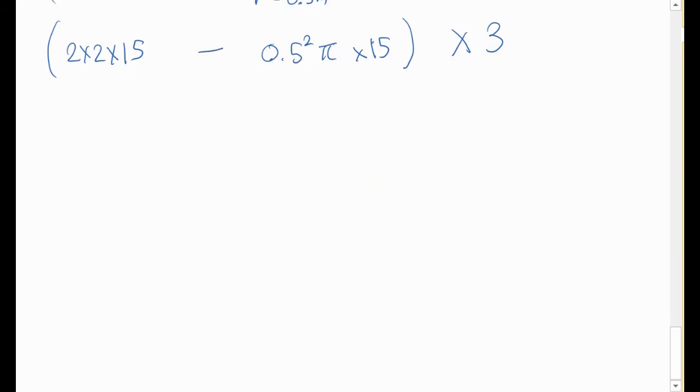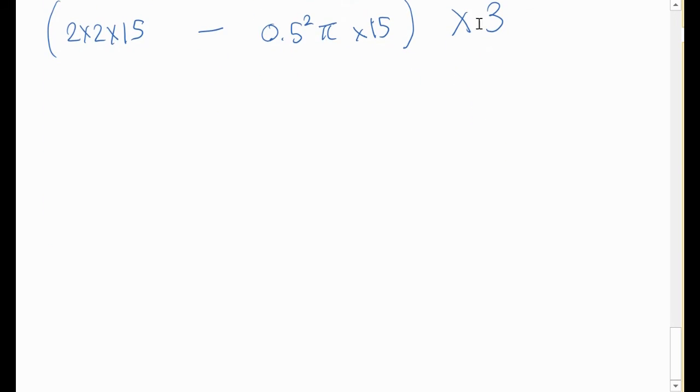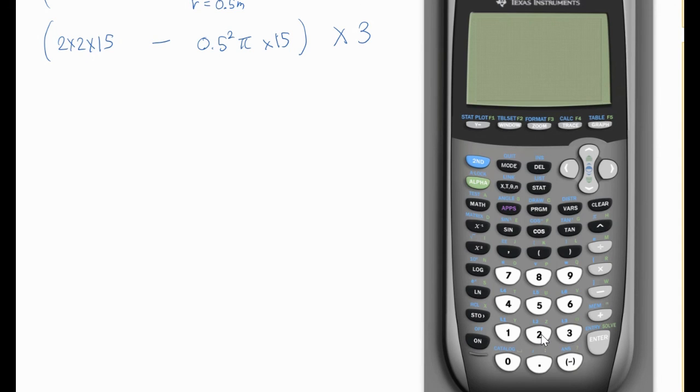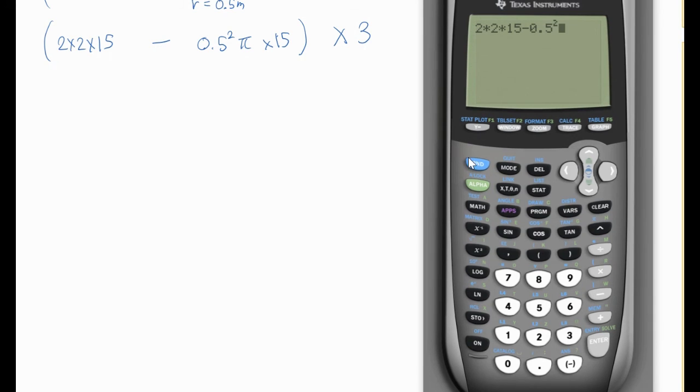Okay, now we're going to use the calculator to solve the problem. So 2 times 2 times 2 times 15 minus 0.5 squared pi times 15.